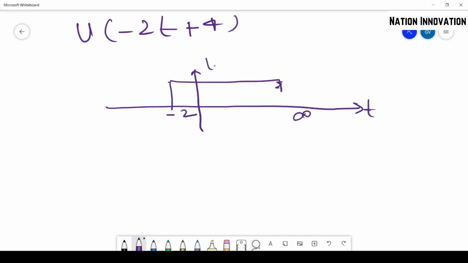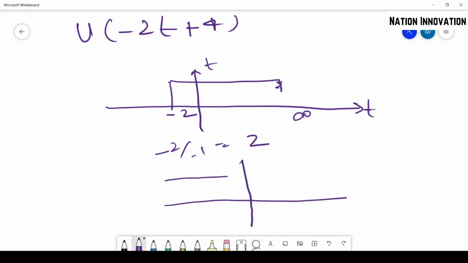I'll be dividing minus 2 by minus 1. This will give me 2. So this operation will be reversed. Now it will go from minus infinity up to 2, and this will be 1. Previously it was from plus infinity, now it will be from minus infinity. Okay, so this completes our unit step signal.